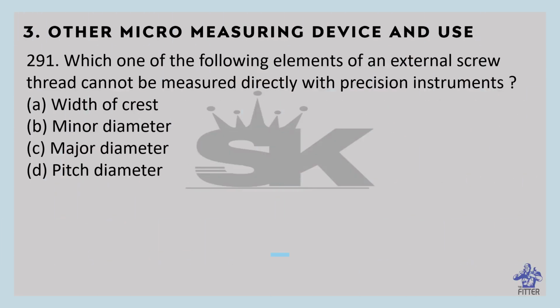Which one of the following elements of an external screw thread cannot be measured directly with a precision instrument? That is pitch diameter. Pitch diameter of an external screw thread cannot be measured directly with a precision instrument.